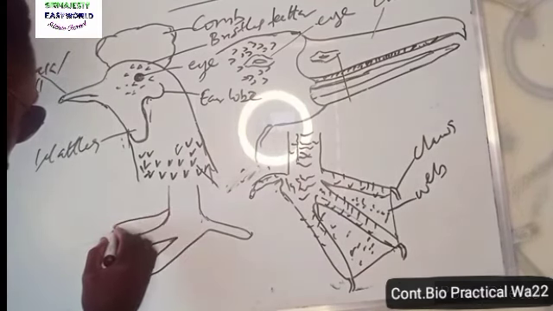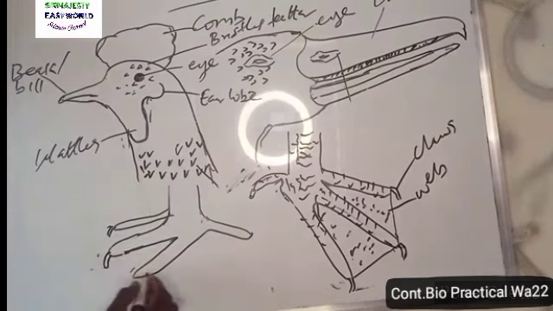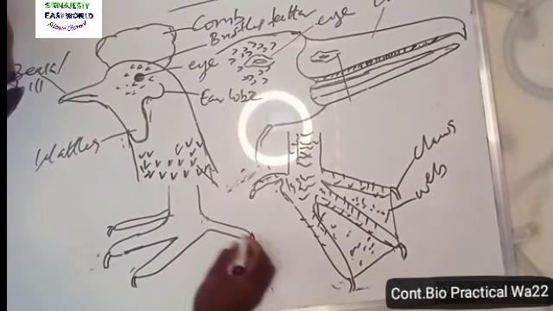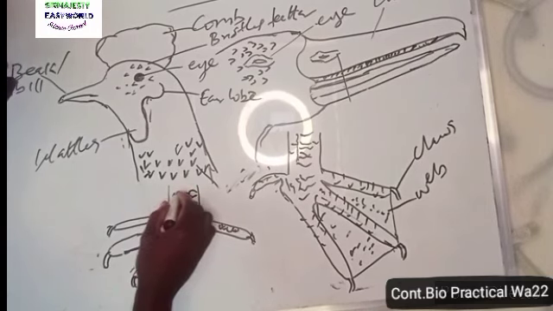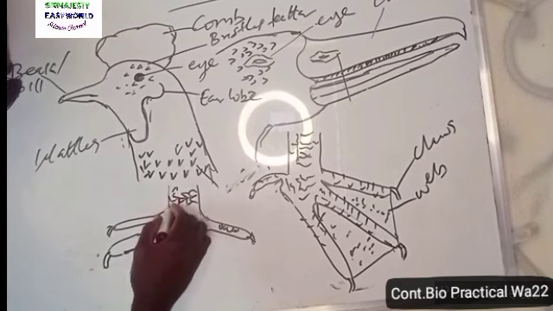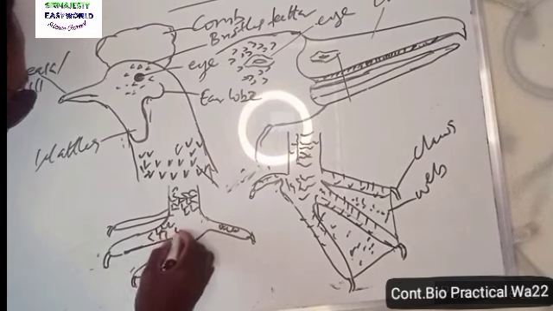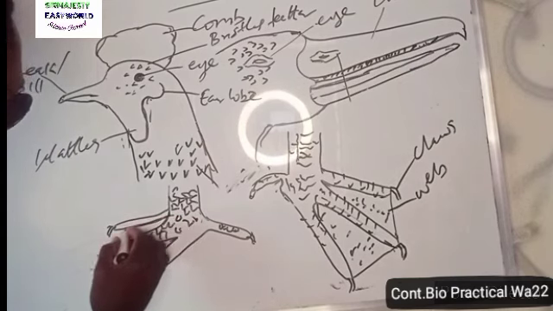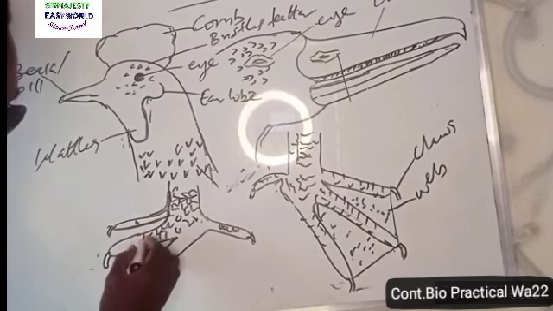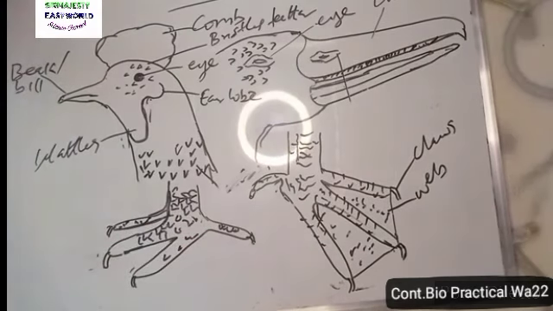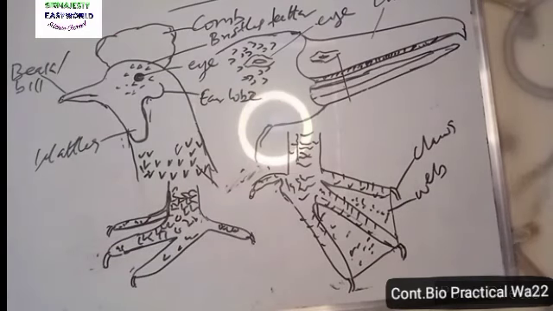Then just put curves, then you show the scalings. So this one belongs to the local fowl, while here is the duck. So this is the difference for the specimens.